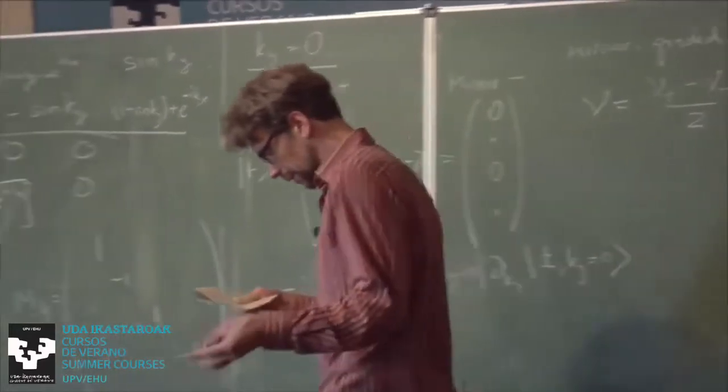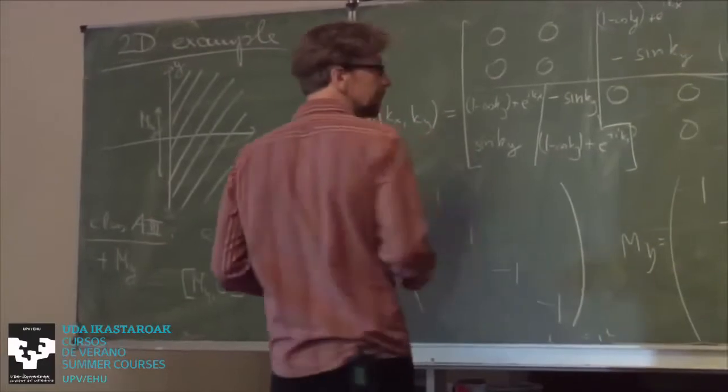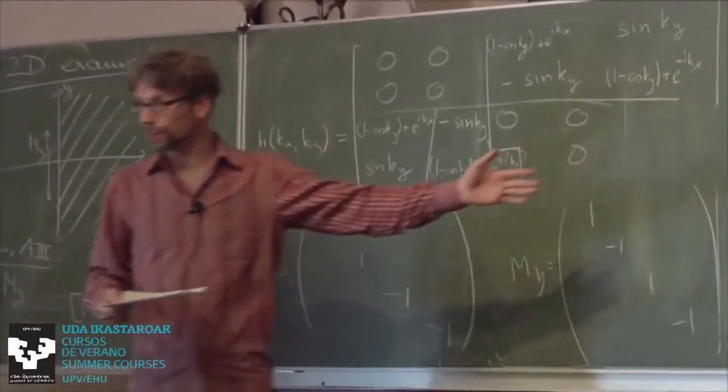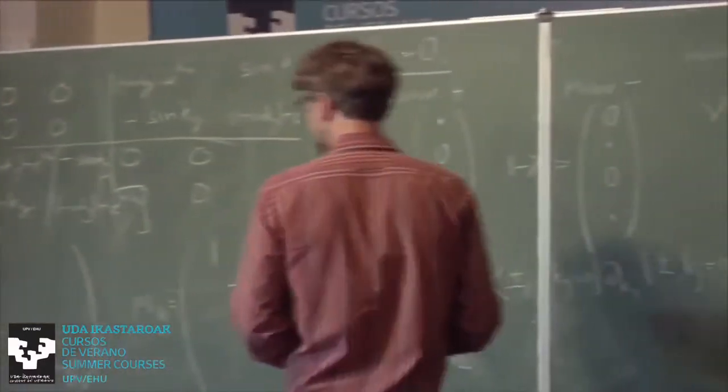This is a topologically non-trivial case, and if I do this at ky equal to pi, I'll get 0 because all my SSH chains are trivial, okay?